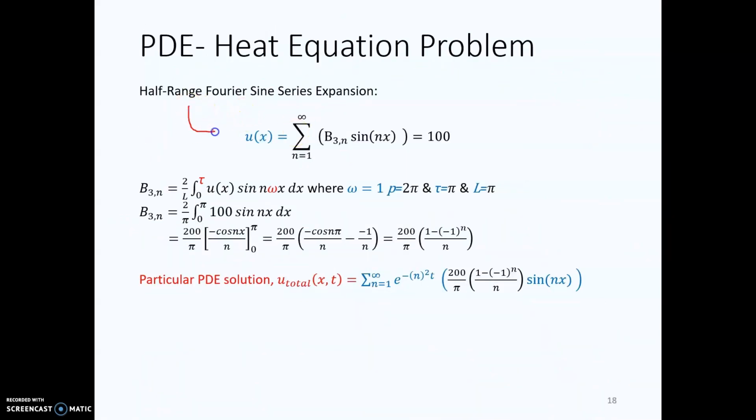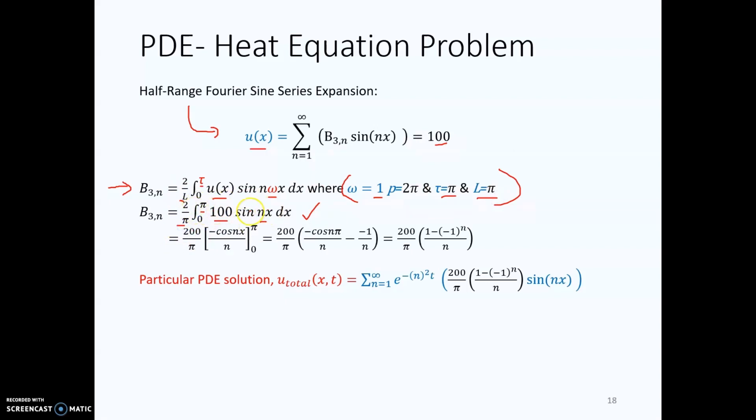So far you have obtained the half-range Fourier sine series expansion formula to be this. And then you succeed in obtaining the parameters for this formula. So you have the u(x) here equal to 100. And then you have the omega equal to 1 here. And you have the tau equal to pi. Lastly, you have the half period L equal to pi as well.